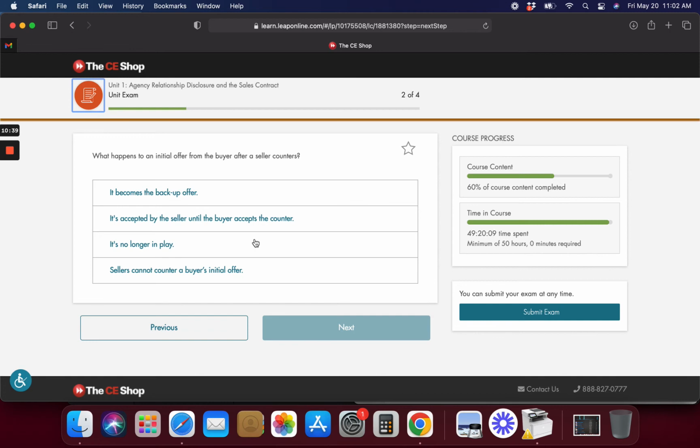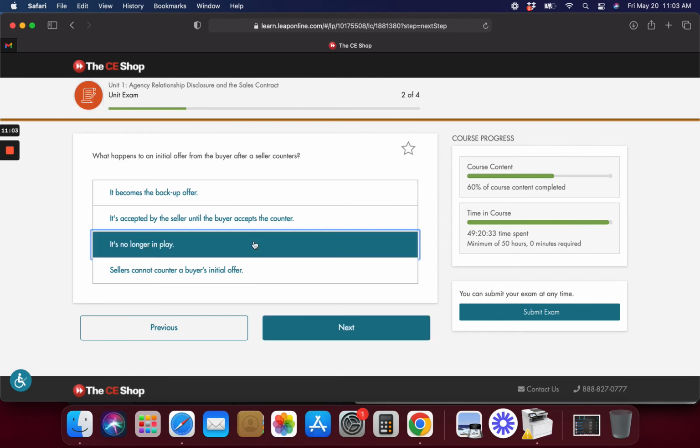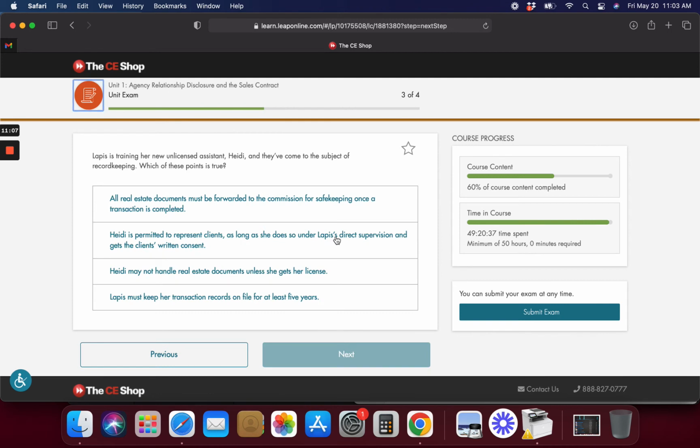It becomes a backup offer. No, it's no longer in play. Okay, what happens to the initial offer from a buyer after the seller counters? It's accepted by the seller. No, it's not accepted. Okay, I'm guessing that's right.